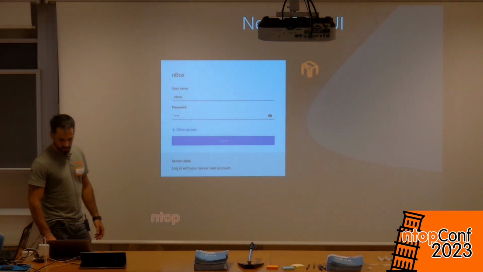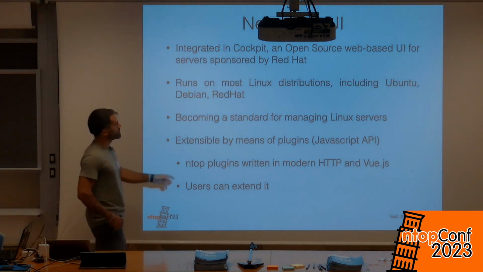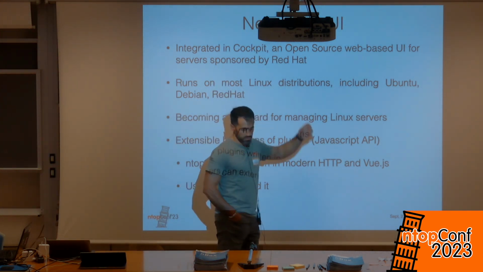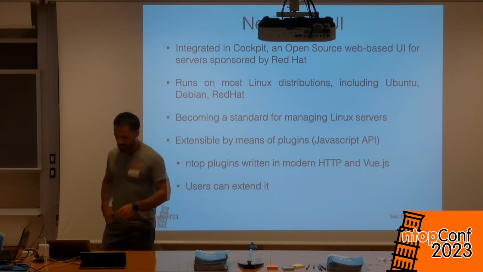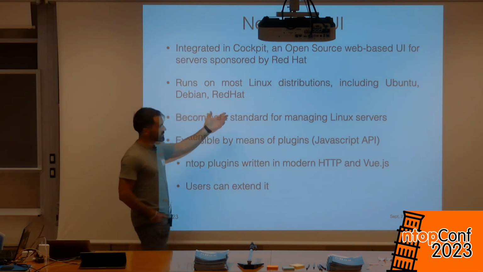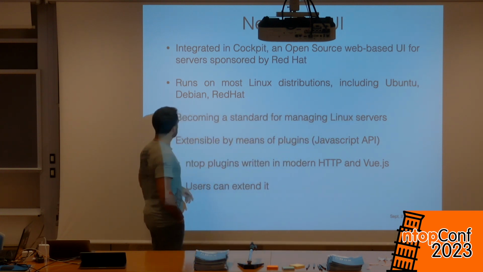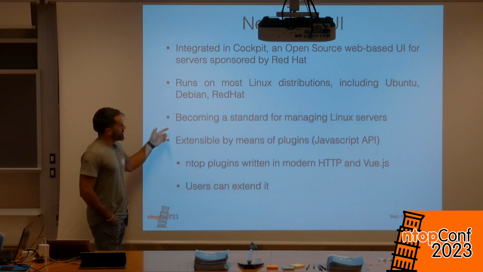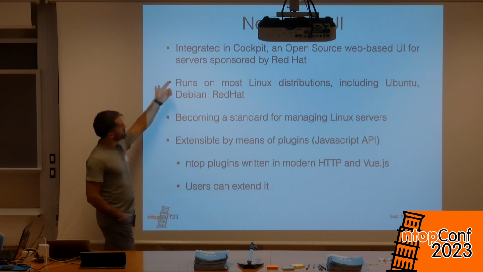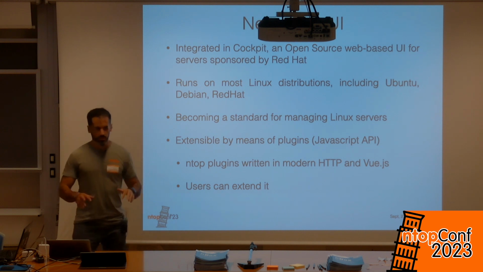So this is the new Unbox user interface, which is based on Cockpit, which is an open source project sponsored by Red Hat, and that supports almost all the Linux distributions, at least the most common ones are supported for sure, like Ubuntu, CentOS, Red Hat. Cockpit is usually used to manage a Linux box by itself.